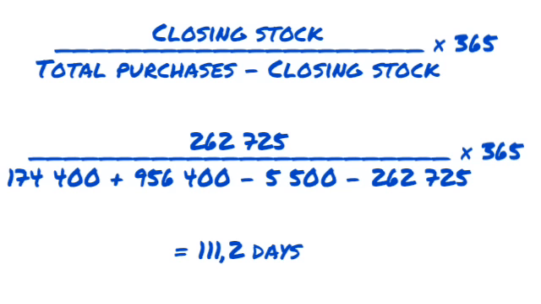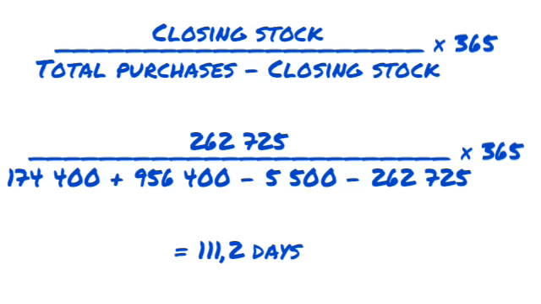So we are saying, in other words, that the closing stock that I have on hand, this is the number of days it is going to take me to sell that stock. You are not required to round off the number, so you can write it just as it is with its decimal.